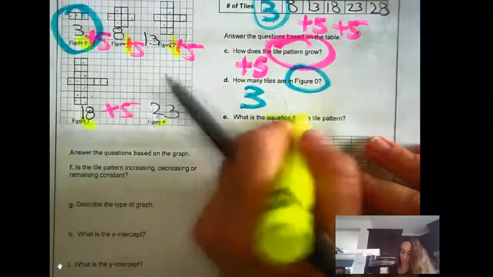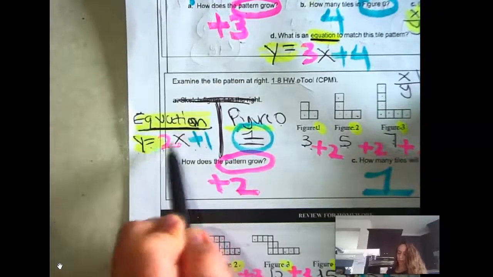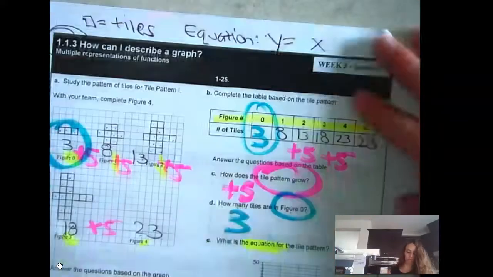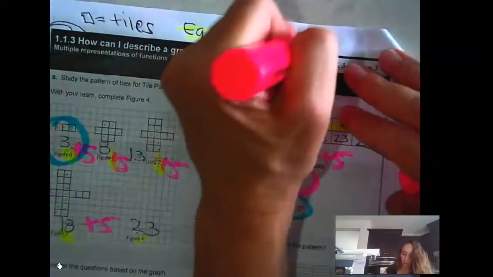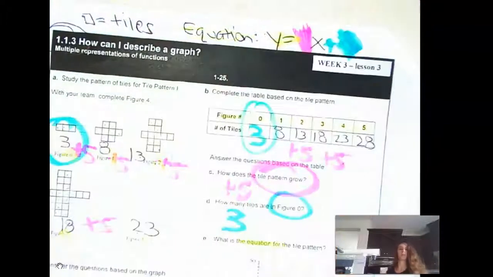Last thing they want is the equation. Let's look back at the previous page. Remember when we did equation? y equals pink x plus blue. So let's put that up here. So whenever we have an equation, y equals pink x plus blue.